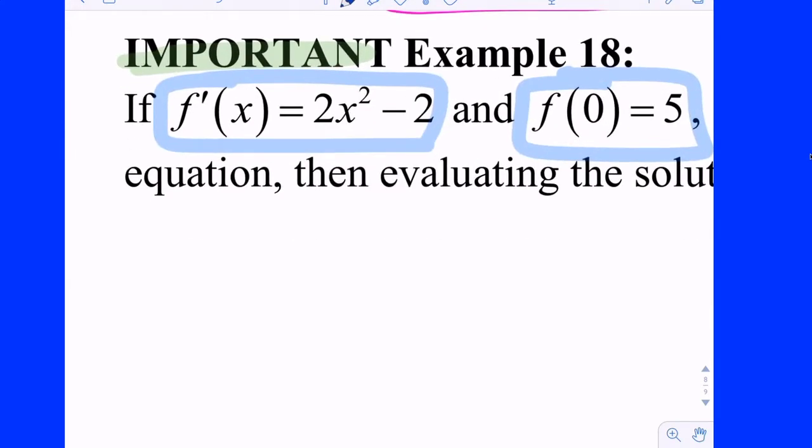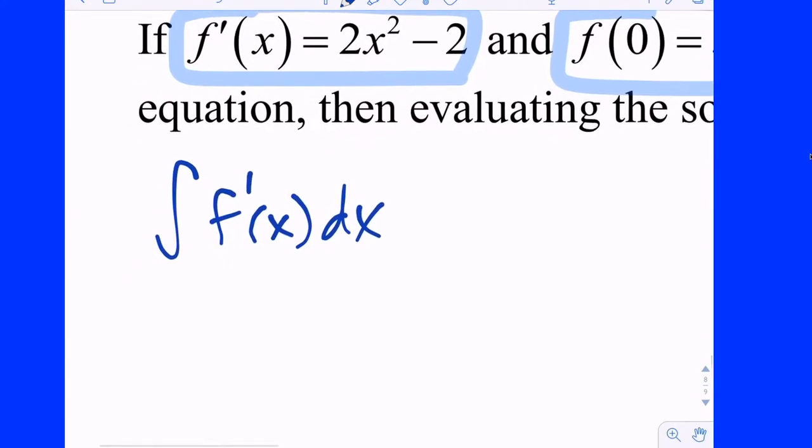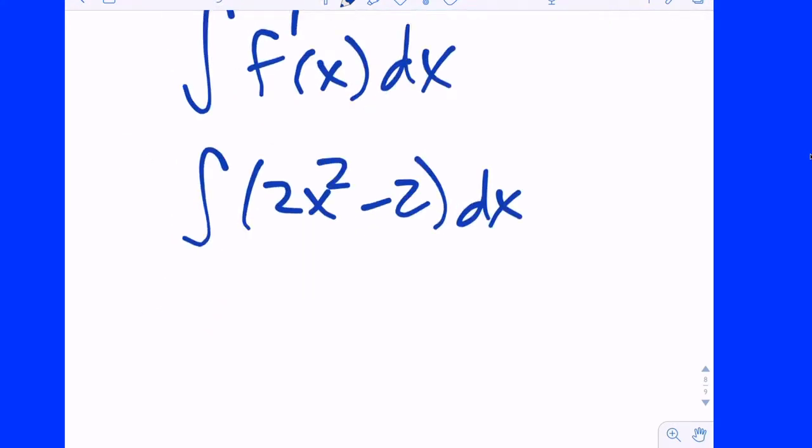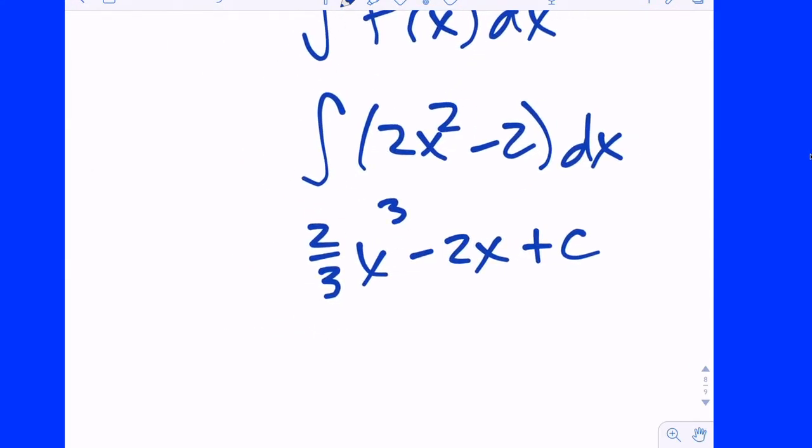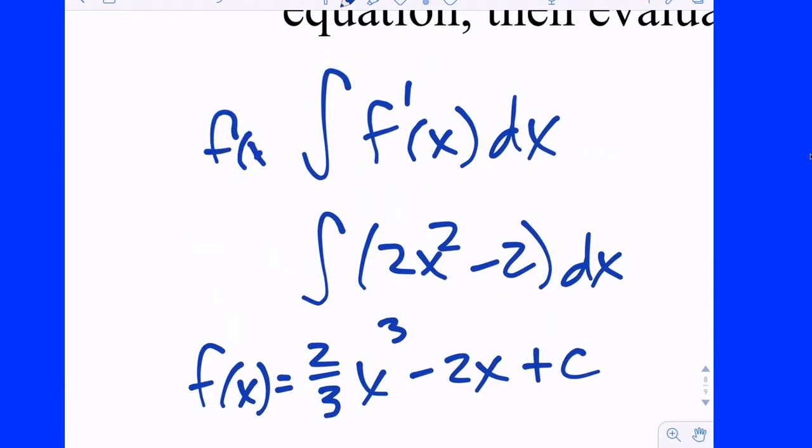So here we go. I'm going to integrate f prime of x. And you don't have to show that step. You can go straight to this step here. And here we get 2/3 x to the third minus 2x, and then, of course, plus c. And we're going to call that f of x. So if you want to kind of throw that on the left side here the whole time, you could do that.